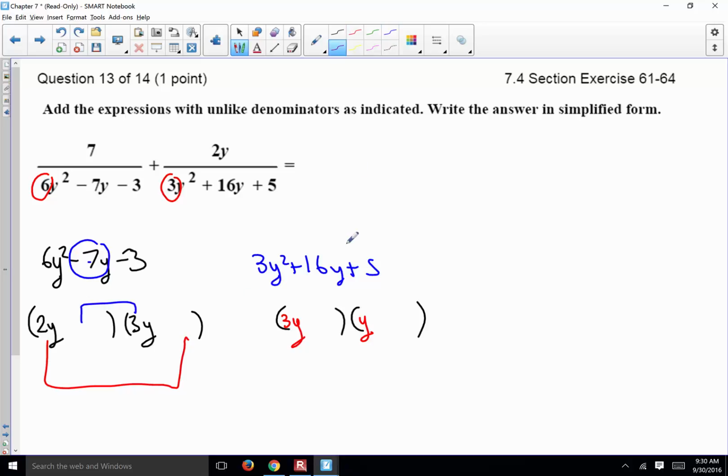Same test here as well. Pick 2 numbers, multiply outsides, multiply insides, add, it needs to make positive 16y. First person giving me the answer of the left side will get a credit, a reward.